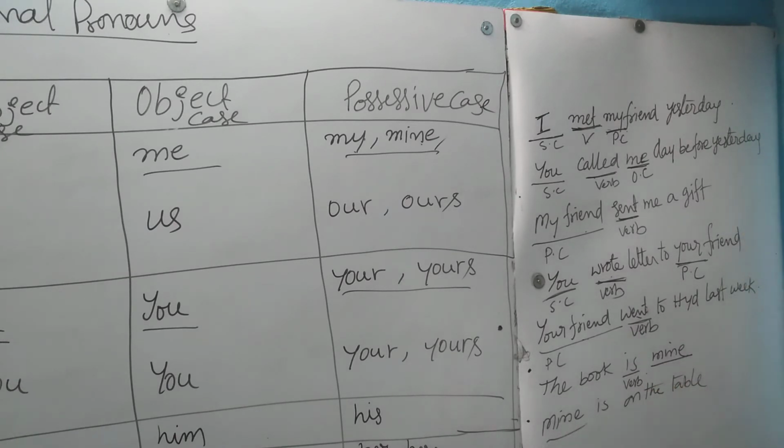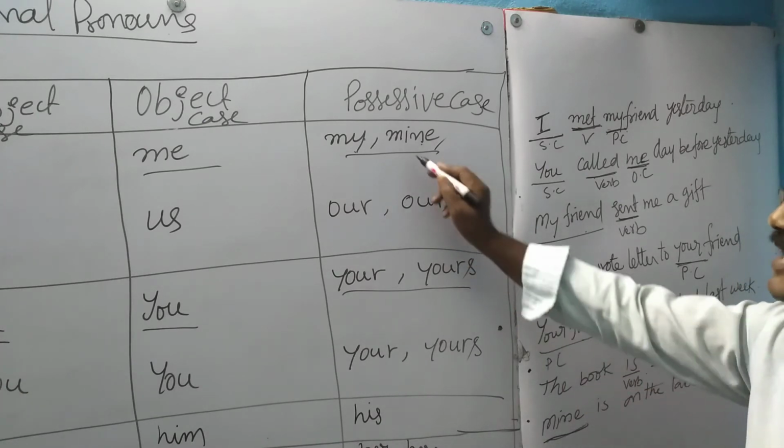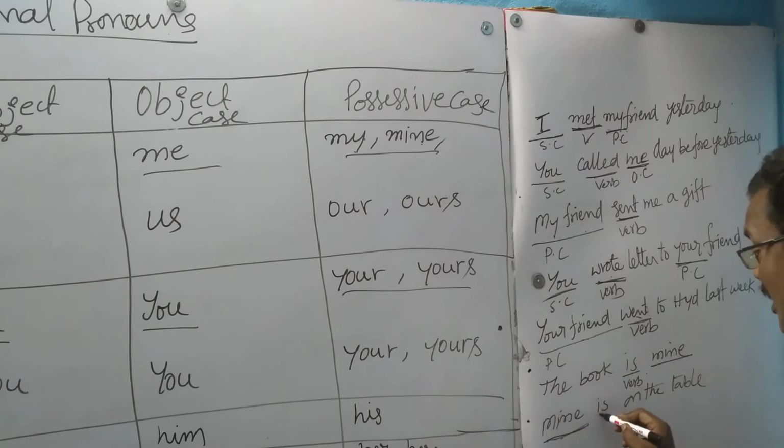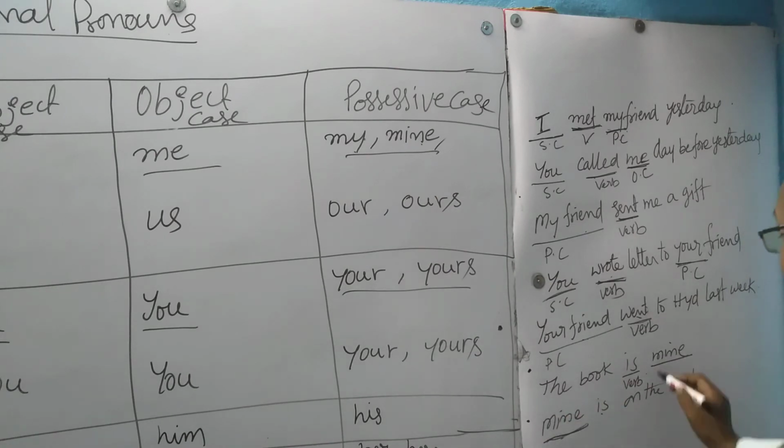Mine means my book. Already we are discussing the book. That's why in that situation, if you know what we are discussing, then the possessive case, this second form "mine", we can also use before the verb. Here it is before the verb. Here it is used after the verb. Here it is used before the verb.